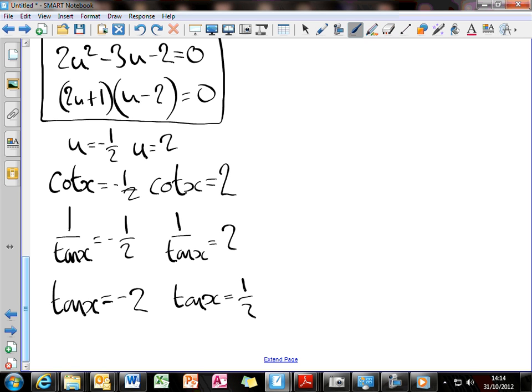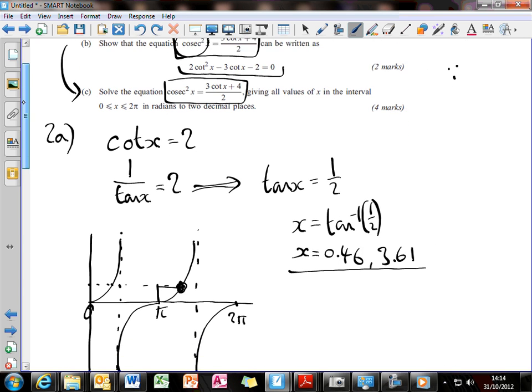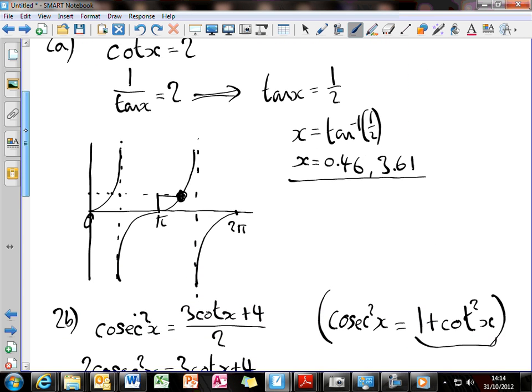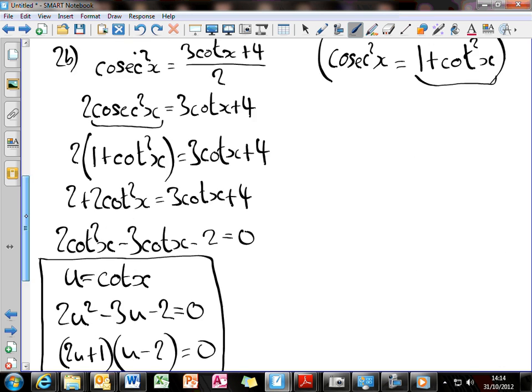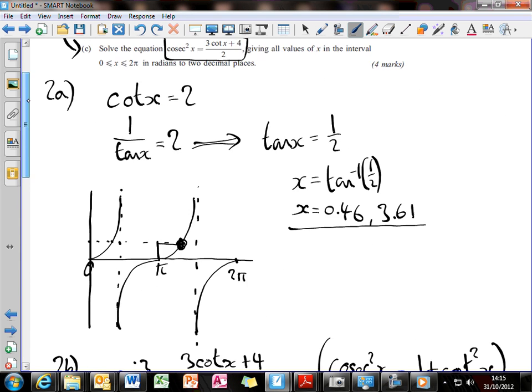And we've already solved when tan x equals a half. We've got 0.46 and 3.61. So those are the two solutions for this that come from there. So we've got x equals 0.46 and 3.61.